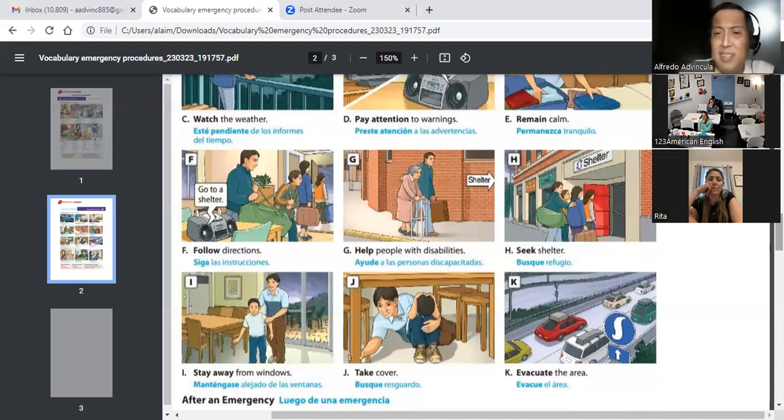So they have to go to a designated area. They usually designate certain areas during a natural disaster as shelters. Usually schools are shelters. You're right. In many cases, they're schools because they're large.